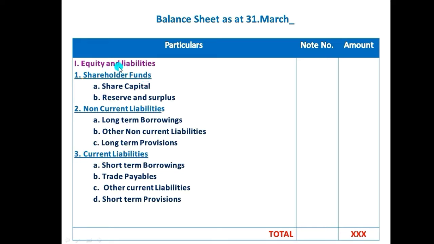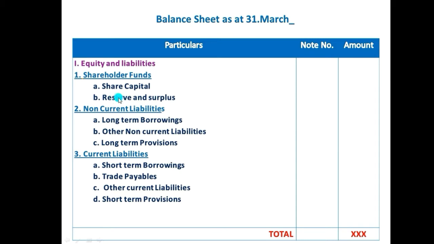If you see, in this heading itself, the Companies Act divided it as equity and liability. Equity means it is the shareholder fund in the business. So this equity indicates shareholder fund. Shareholder fund means whatever the shareholders invested into the company, we need to record under shareholder fund. So share capital is a shareholder fund, and reserve and surplus is a shareholder fund.